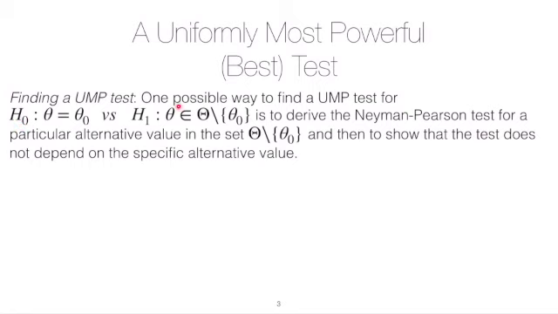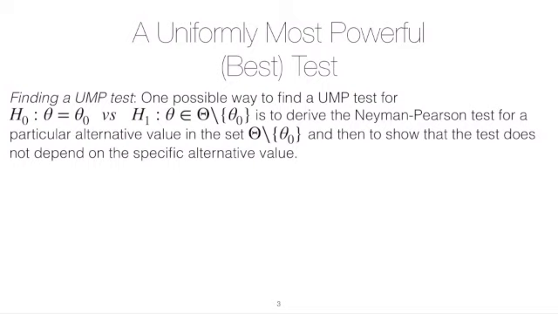So your value is something in the parameter space that's not under the null hypothesis, which certainly could be composite if the parameter space is large. And so what you could do is derive the Neyman-Pearson test, which we've had plenty of practice with, under a particular alternative in this set, and then try to show that it doesn't matter which specific value you use, because if you move that value around, you would still have the same set of inequalities that you derived.